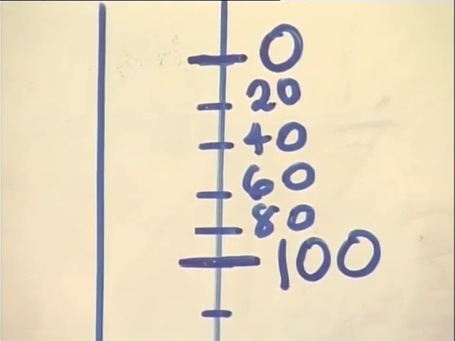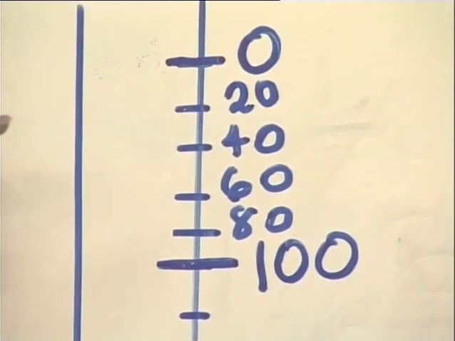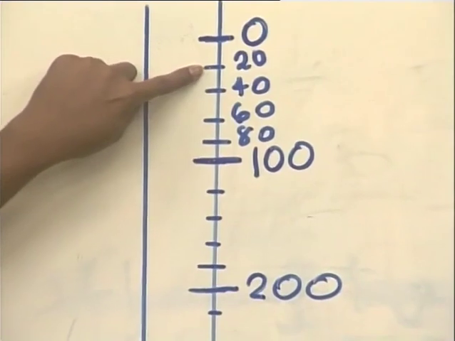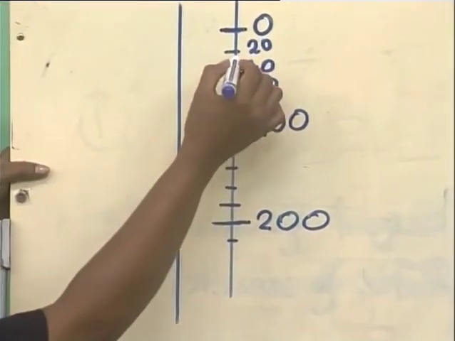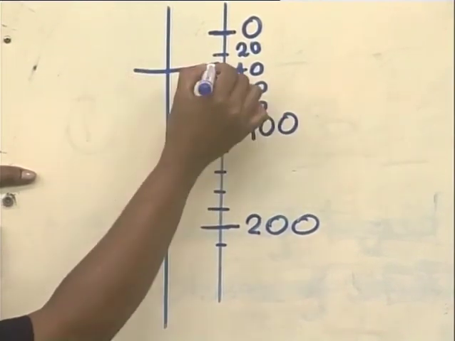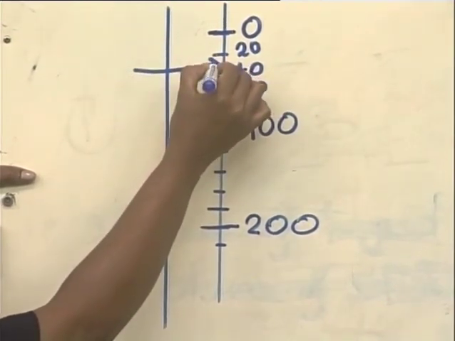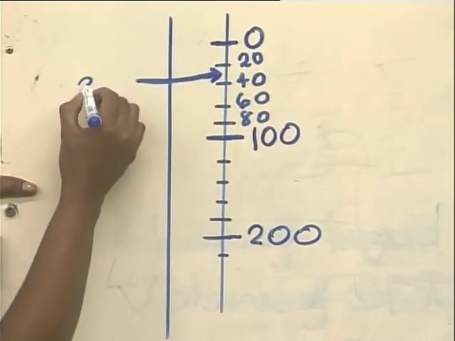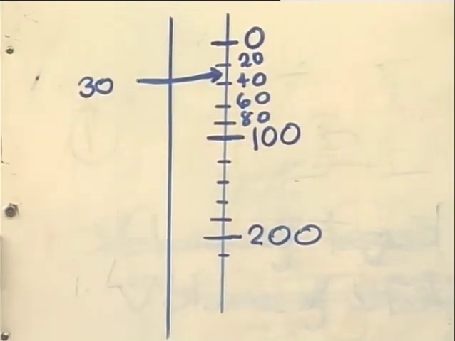And it goes down the same. And what if you have your pointer pointing between 20 and 40, in the middle? What would be the reading? If it's in between 20 and 40, the reading would be 30.